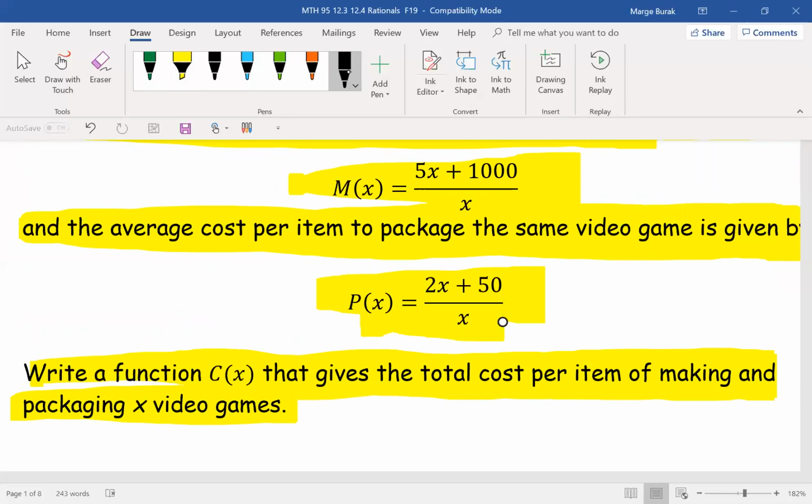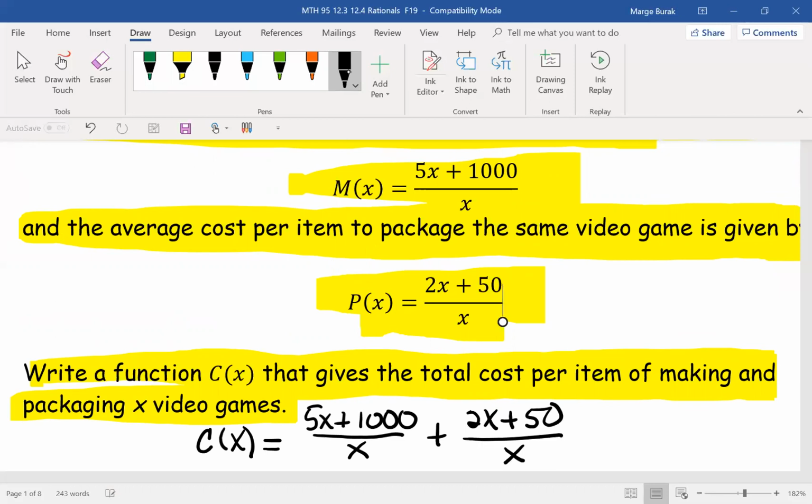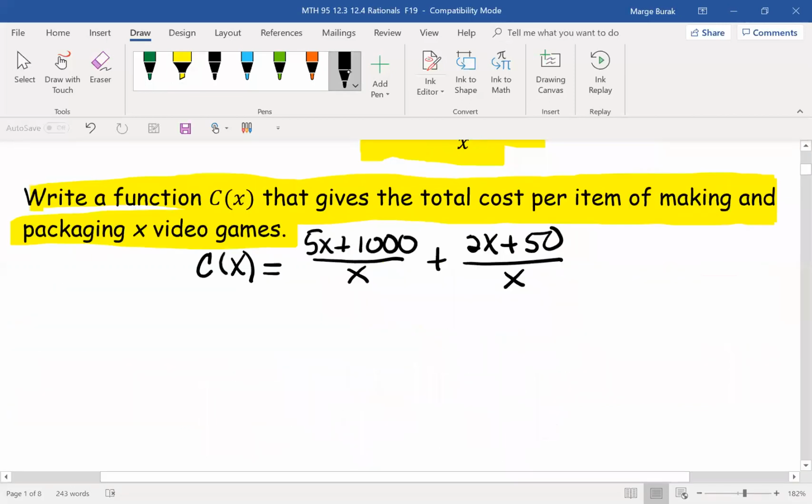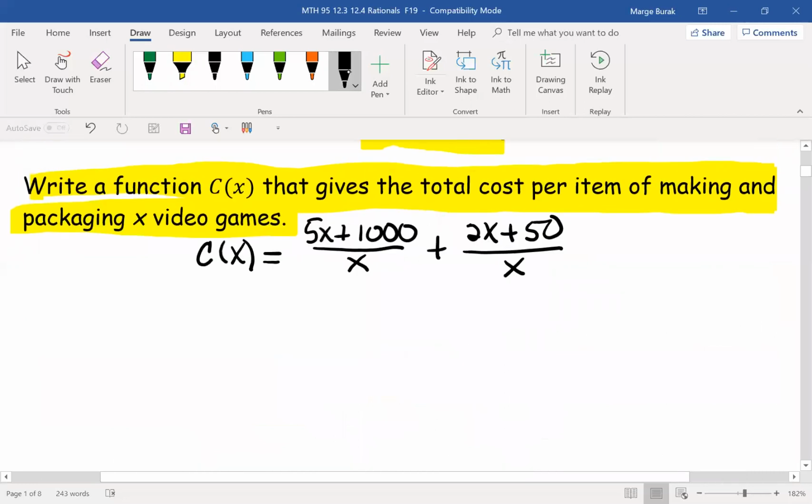Okay, so let's take C of x is going to be the average cost per item of making it, plus the average cost per item of packaging it. All right, and then we can combine those together.